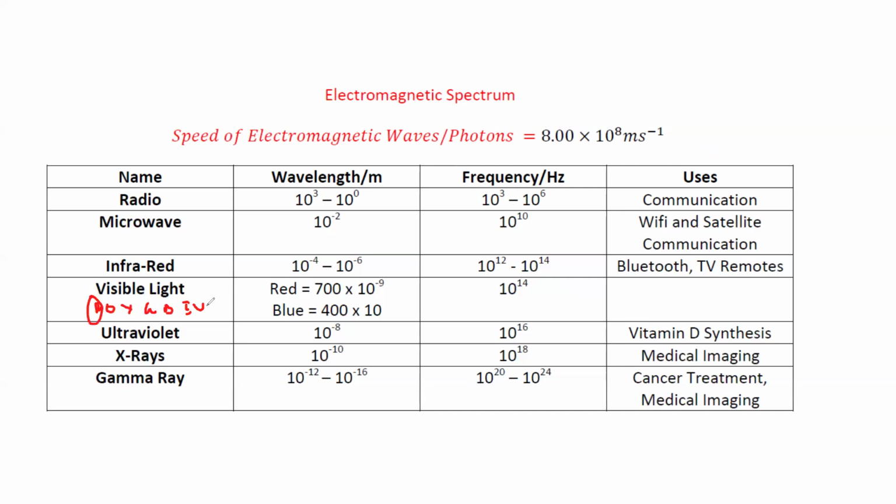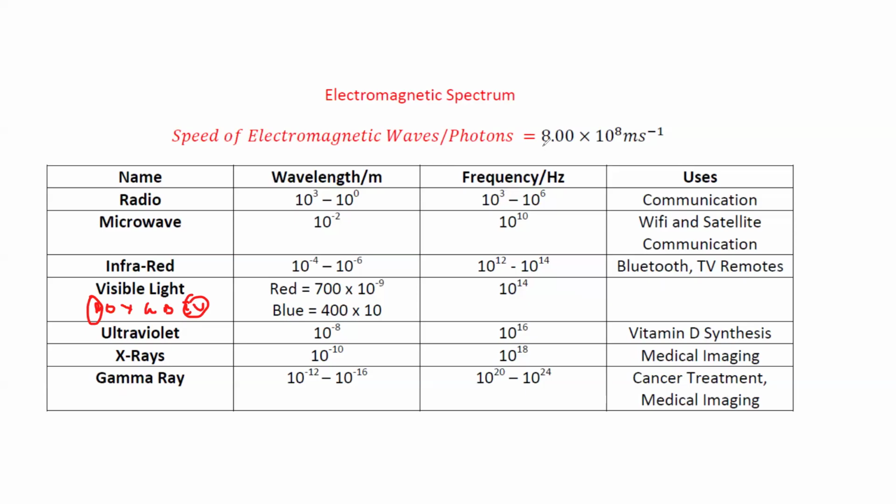Red has the longest wavelength and violet has the shortest wavelength. Then we have ultraviolet, which is used to kill bacteria or for sterilizing. X-rays are used for medical imaging or security checks. And gamma radiations are used for the treatment of cancer.